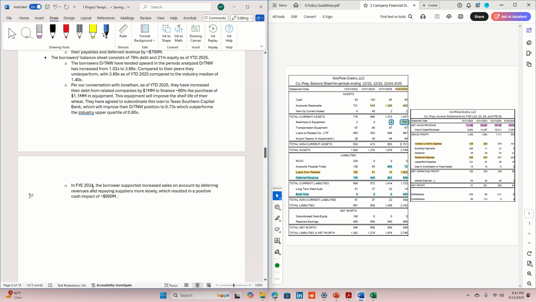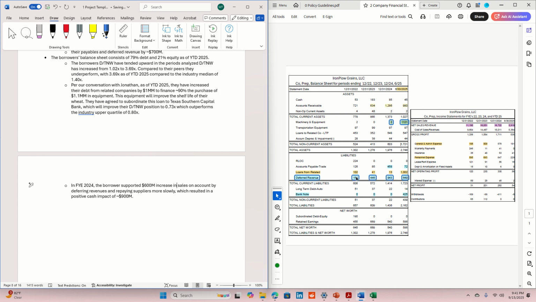But basically, what I'm saying with this statement is that the borrower supported the increased sales on account, and remember, they sold $600,000 worth of merchandise on account. They supported that $600,000 increase in sales on account by deferring revenues and repaying suppliers more slowly.